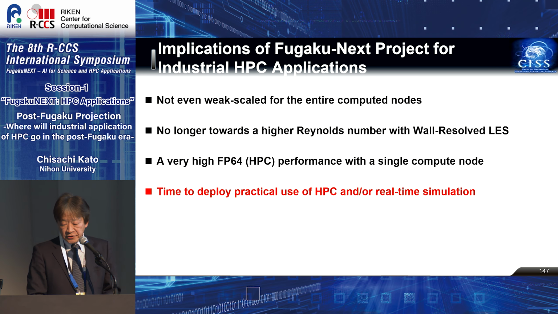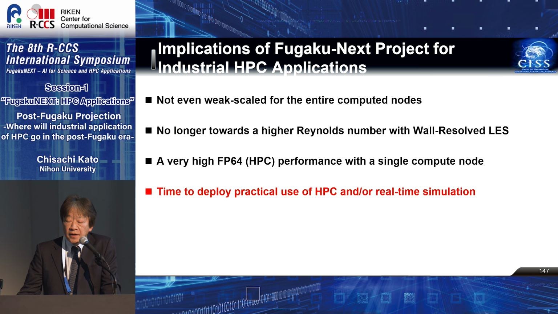So what this implies is that it's not even weak scaled for the entire compute node. So we have to give up the idea of using a whole entire system composed of, I don't know how many, but maybe 3,400 or so. That means no longer heading toward a higher grid number with well-resolved areas.